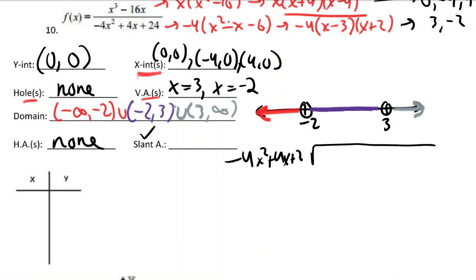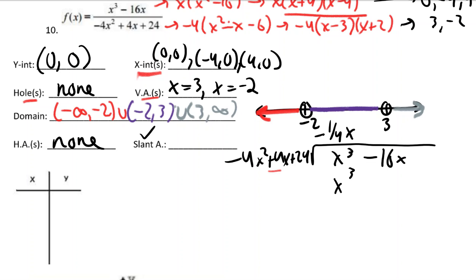Denominator divides into the numerator. Okay, so I need an x, because x times x squared gives me x cubed. I need this to be negative, because negative times a negative gives me the positive that I need, and I need this to be 1/4, because 1/4 times 4 gives me 1.